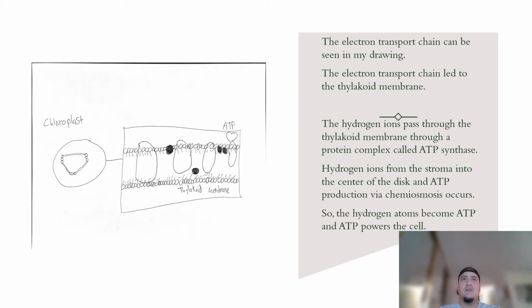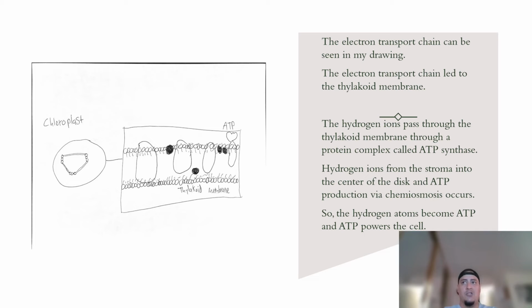As mentioned previously, the electron transport chain, you can see those two rows of small circles, and in between there is the electron transport chain, which leads to the thylakoid membrane. The hydrogen ions pass through the thylakoid membrane, received from the outside through a protein complex called ATP synthase.